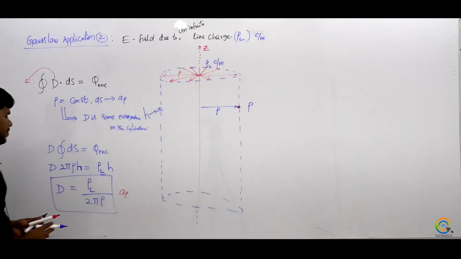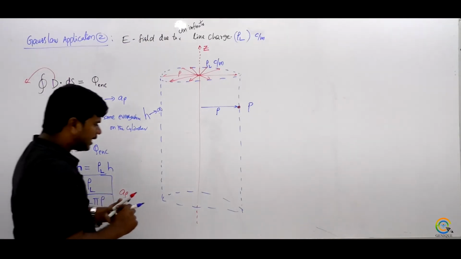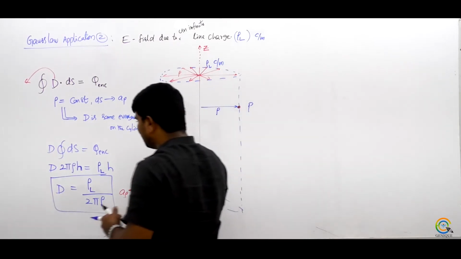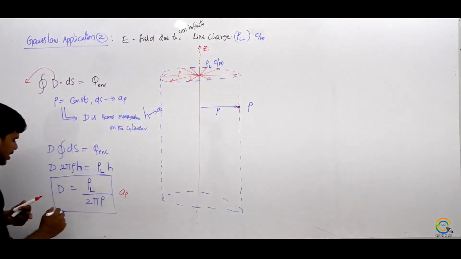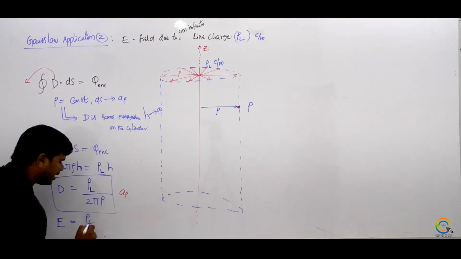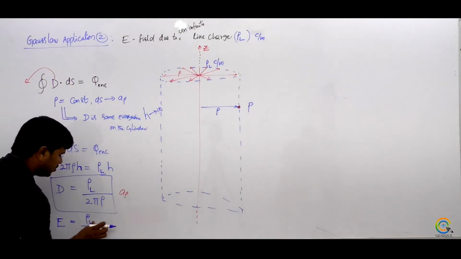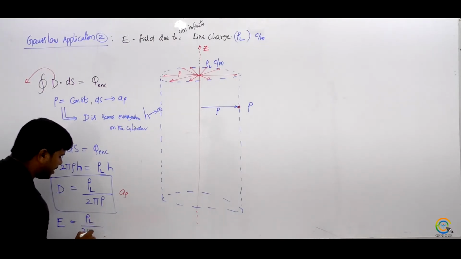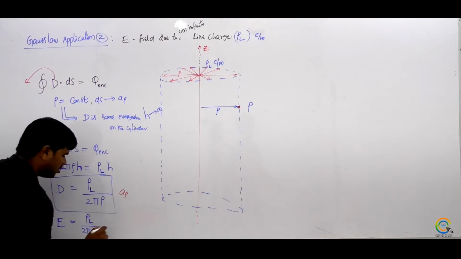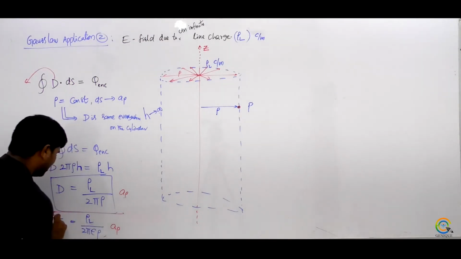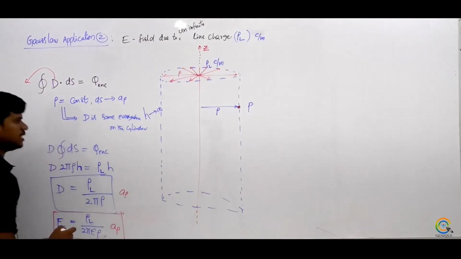Then what about the electric field intensity E? E equals D by epsilon, rho l divided by 2 pi epsilon rho, in the arrow direction. So this is a very important result.